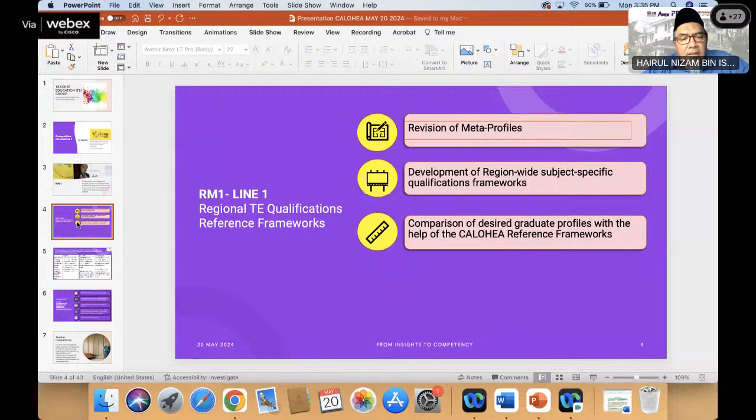Then, during many workshops and events within this CALOHEA project, teams in the same area, which is teacher education, sit together and analyze the similarities and differences between the frameworks that were developed at the early stage, as far as the countries and institutions are concerned.